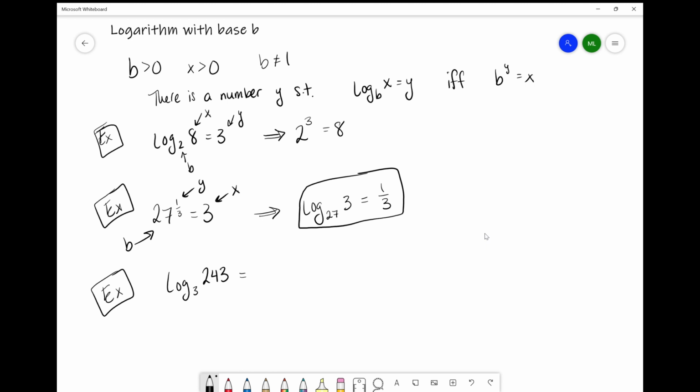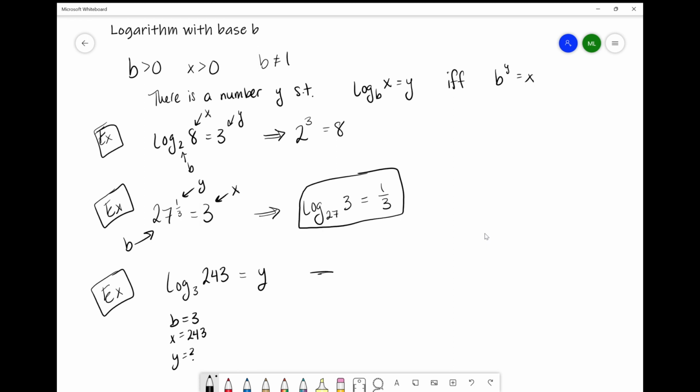Based on log base b of x is equal to y, I'm looking for y in this instance, and y is the power that the base is raised to. So b is equal to 3, our base, our x is equal to 243, and y is our unknown.